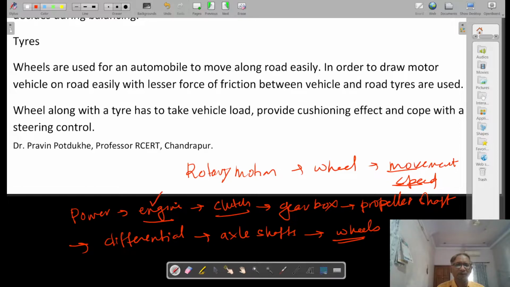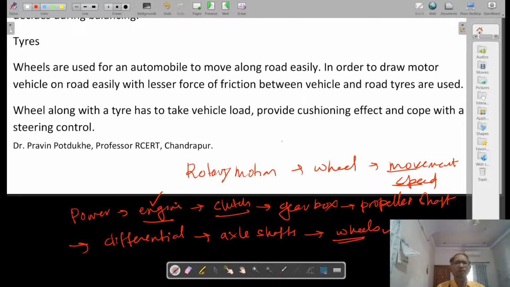So this is the very first part, and the wheels are the last part in the system, giving power to the vehicle and propelling the vehicle in a forward direction.